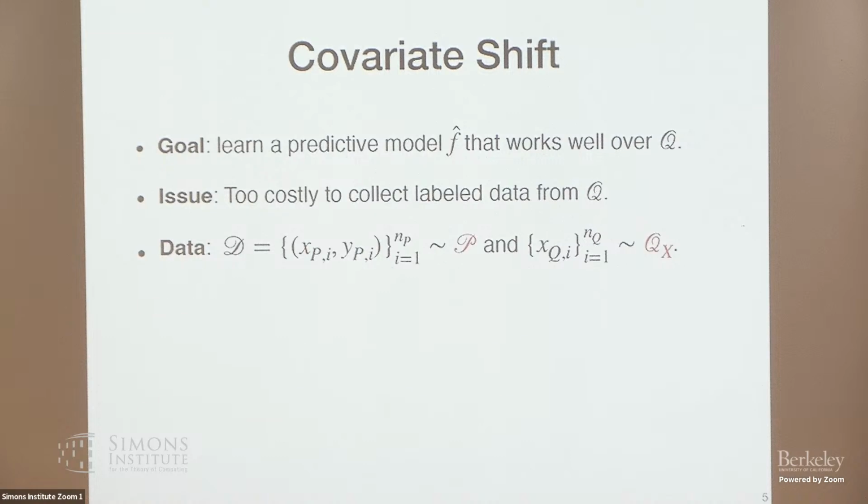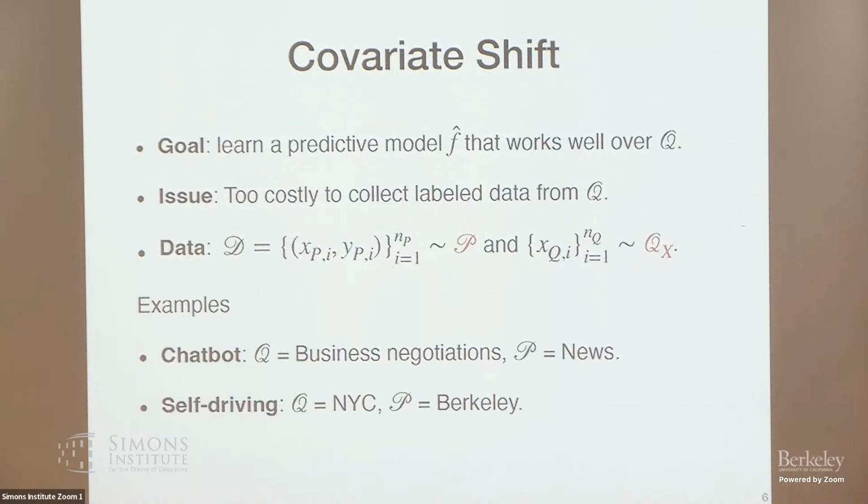Okay, so there are lots of examples. Now everyone is talking about chatbots and large language models. Imagine you want your language model to specialize in some domains like business negotiations, trying to convince customers to buy your house or your car.